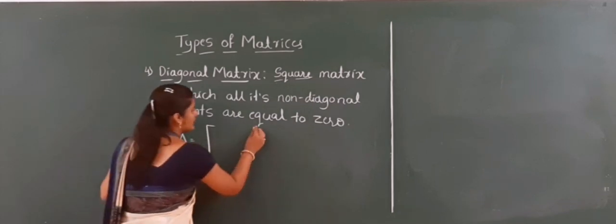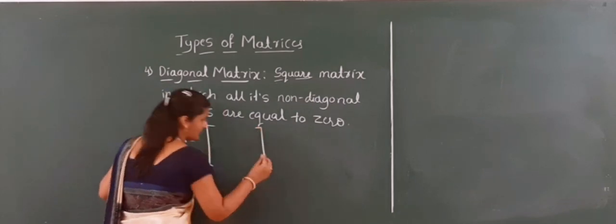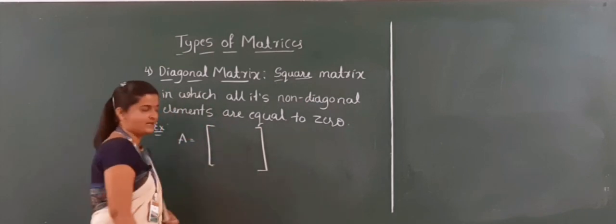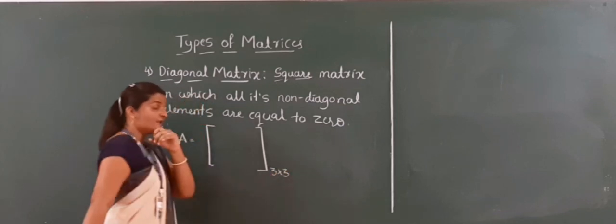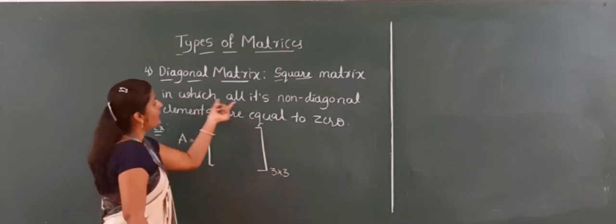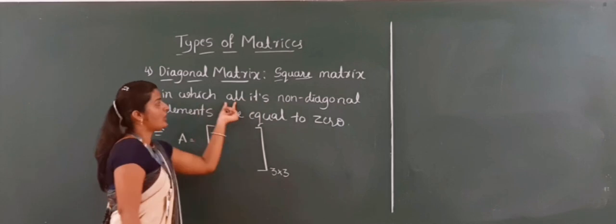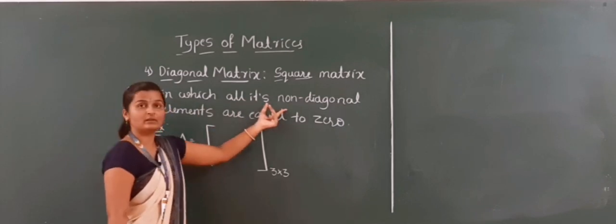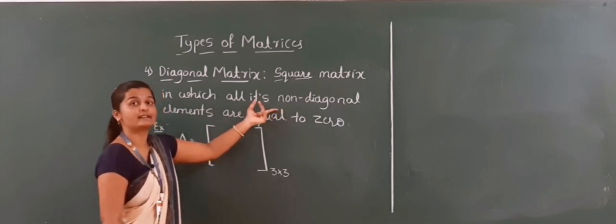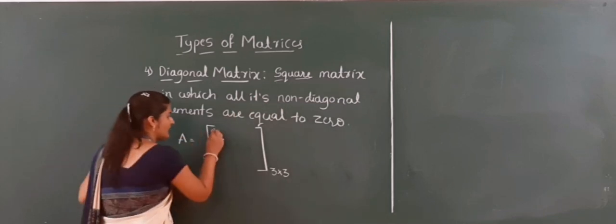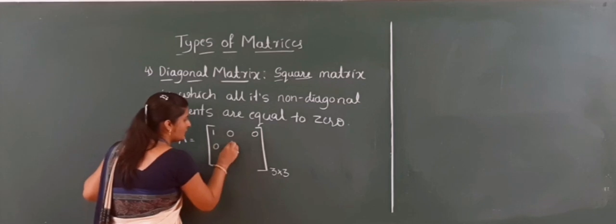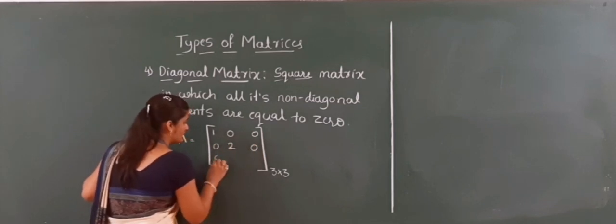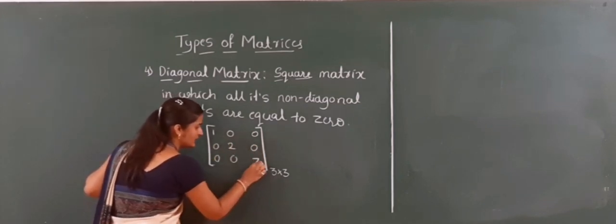To write the diagonal matrix, we require one square matrix. So I will take one 3 by 3 square matrix in which all its non-diagonal elements, leaving the diagonal, except diagonal elements, are 0. So I will write like this: 1, 0, 0, 0, 2, 0, 0, 0, 3.